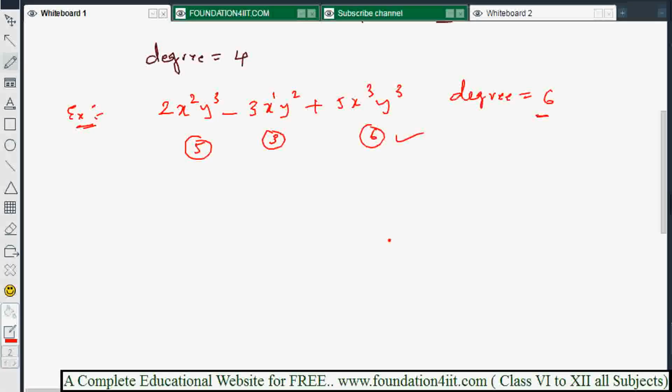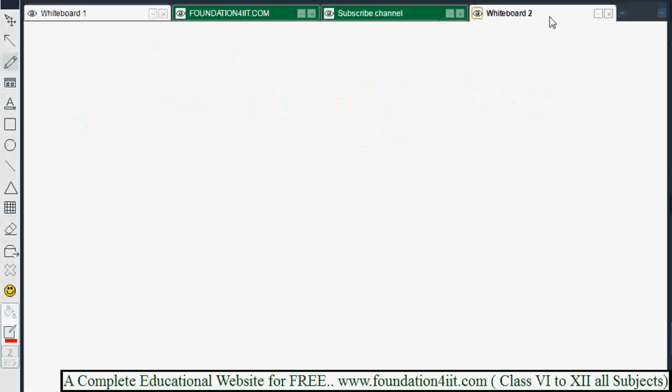And let me explain one more example. You can verify whether it's a polynomial or not also. First of all, 3ab square minus 4a root b plus 5b cube. In this expression there are 3 terms. First term: a power 1, b power 2, so total is 3.